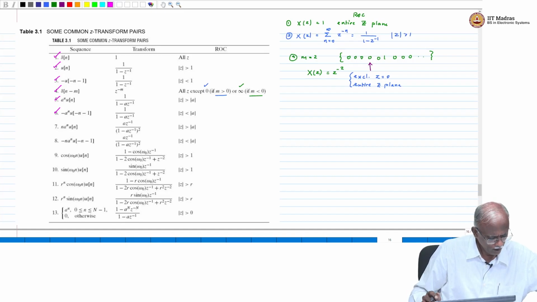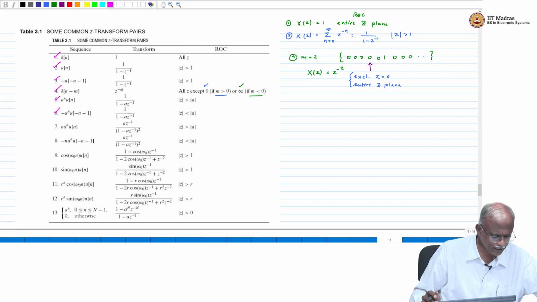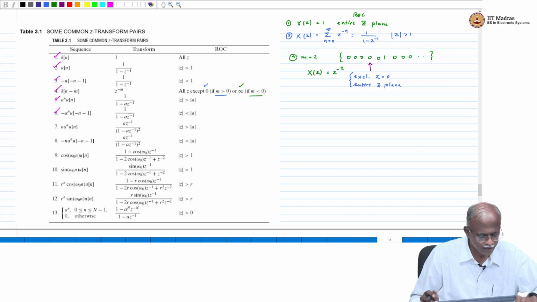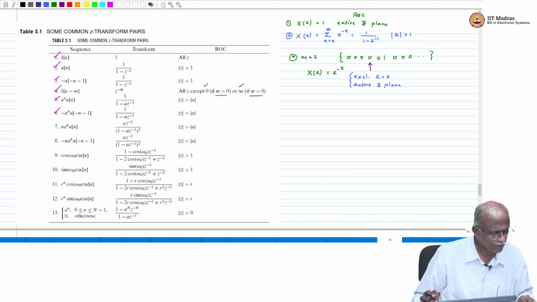All right. Now comes the property of differentiation. I believe we have already written it down, but if you don't remember what we had written, we will write it down very quickly.